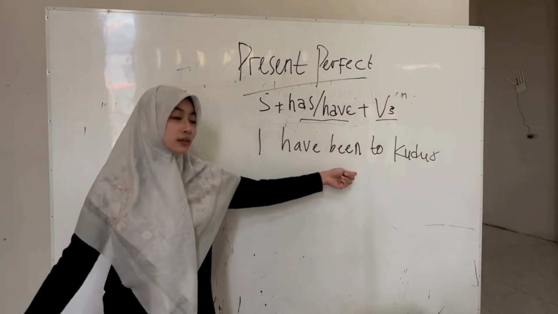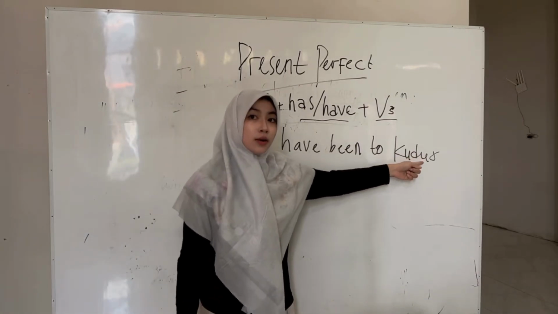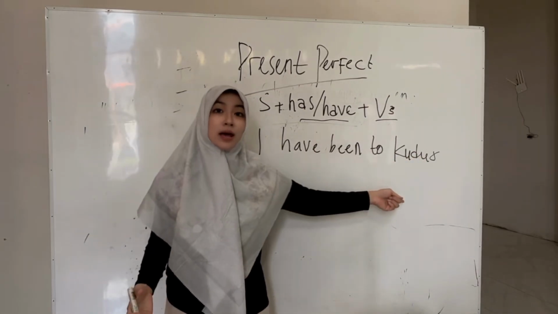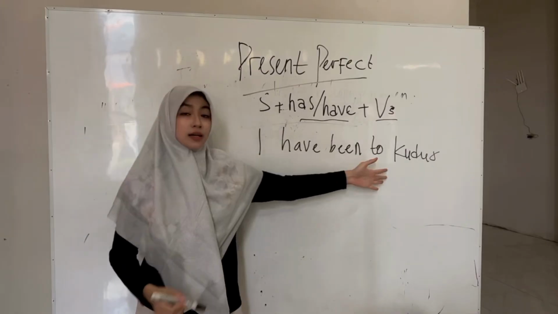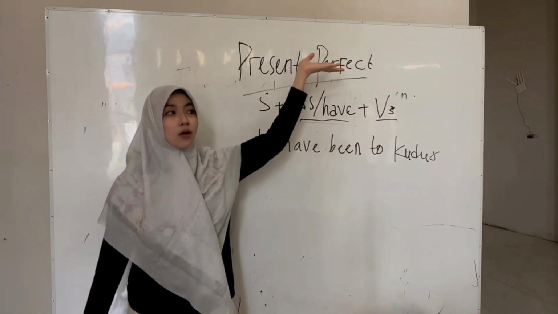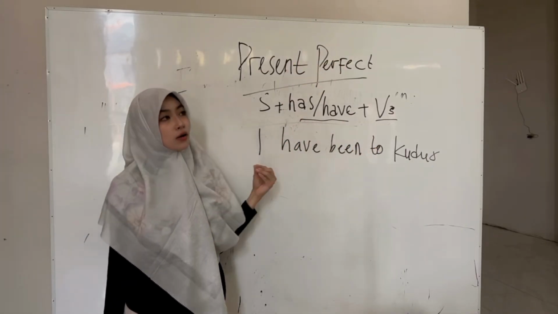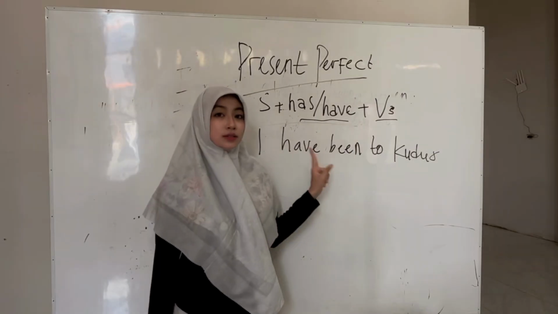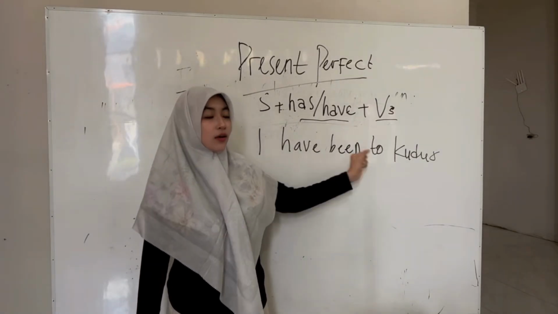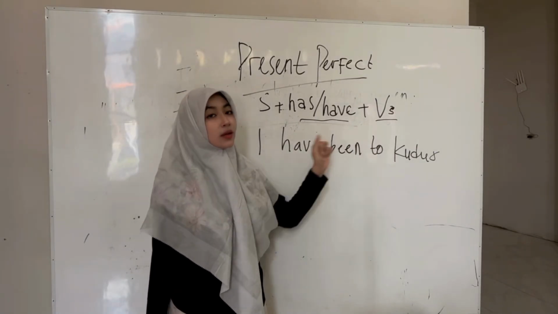I have been to Kudus. So it shows that it already happened, but the time is not important, or it's unknown, or it's not specific. So the time is not specific or I don't mention the time.